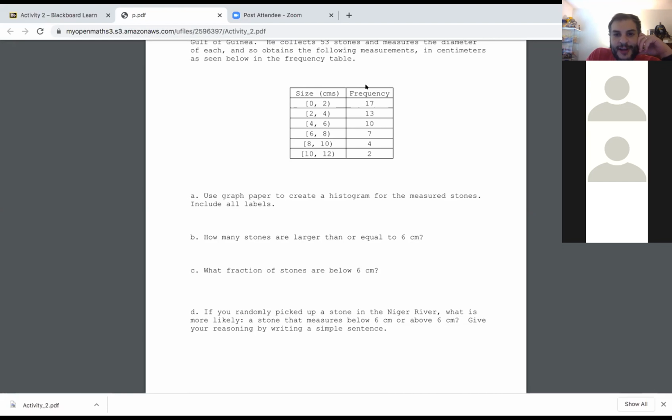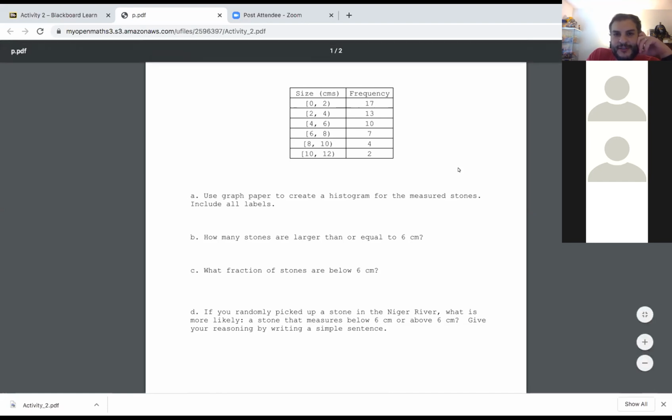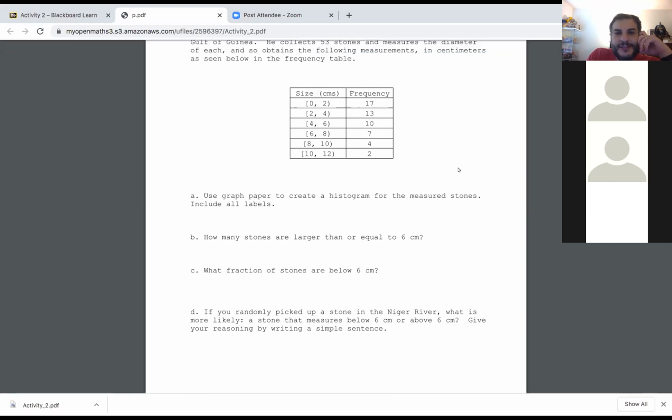If you look at it, it says it has to be larger than or equal to 6 centimeters, correct? If you look at the size in centimeters, it says 0 to 2, 2 to 4, 4 to 6, and so on. We want it to be bigger than or equal to 6.